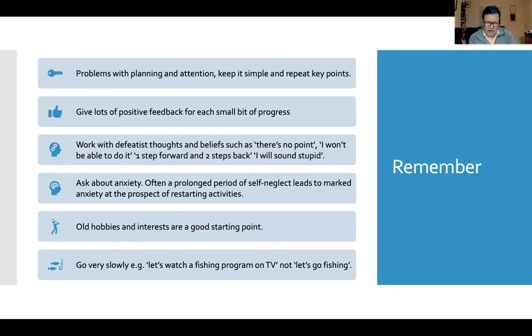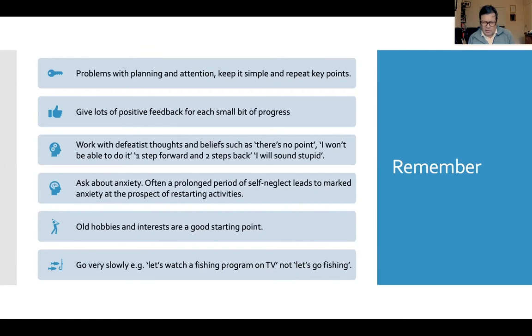We're going to be going very slowly, and you almost can't go too slowly. So one of the biggest mistakes is your loved one shows a bit of interest in their old sport of fishing, which they used to enjoy. And you say, right, let's get the rod out of the attic.